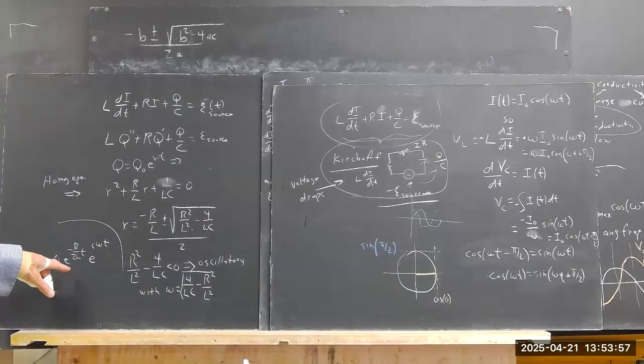And that leads you to the solution: Q equals Q naught e to the negative R over 2L t, e to the i omega t.